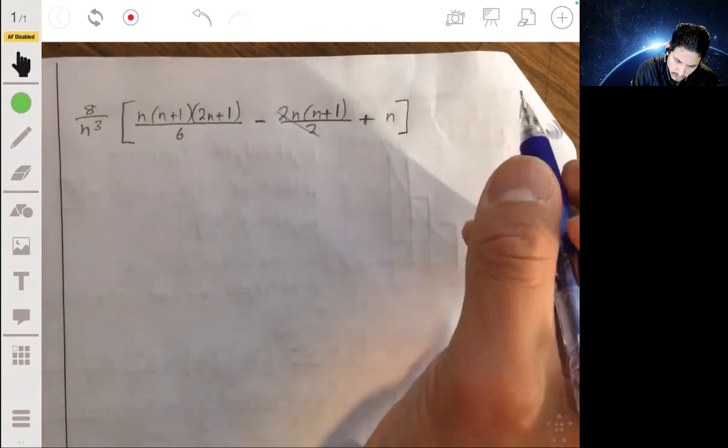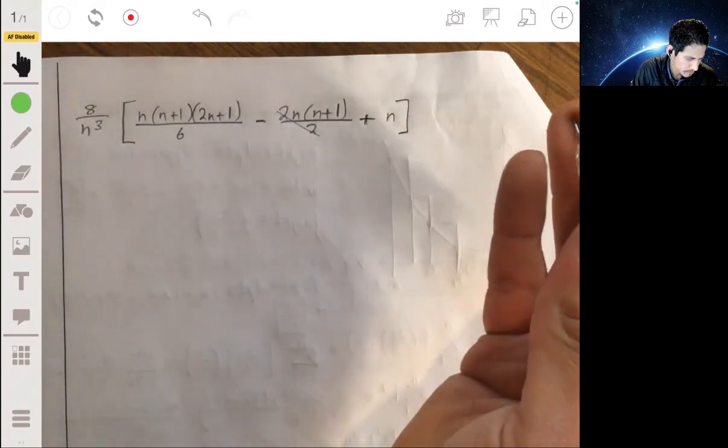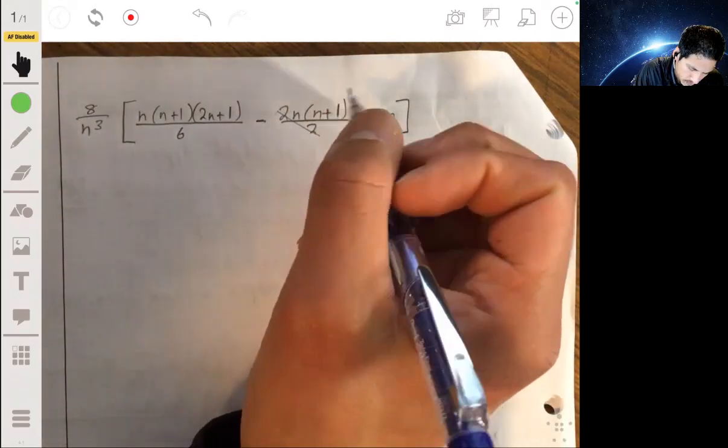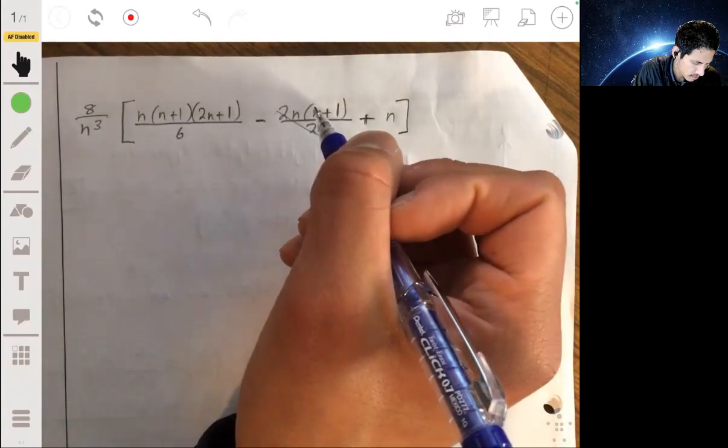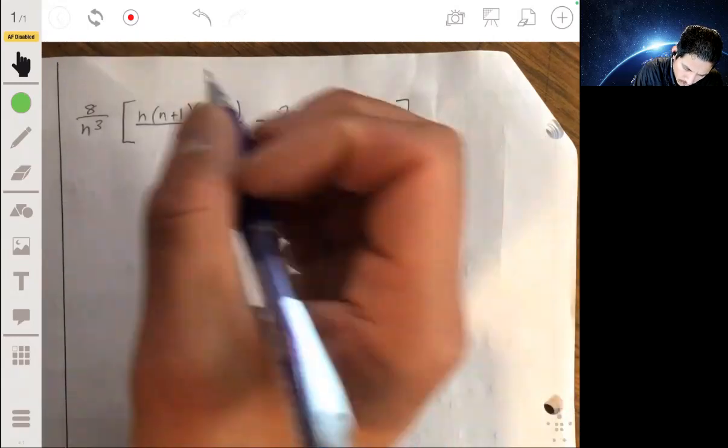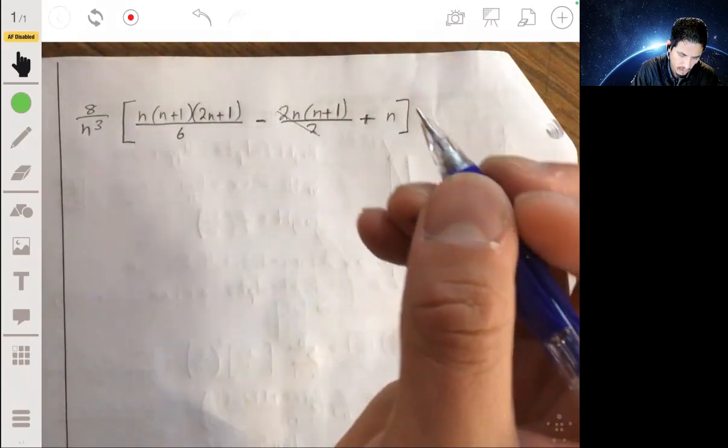These twos will cancel. If I want to combine all these, I can put them all over 6, I believe. Let's see what we get.